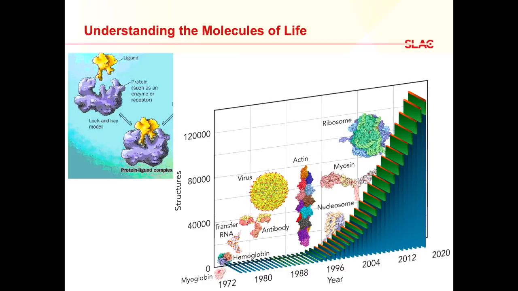Examples here that are well known by mostly everybody: a virus. Everybody knows that viruses can be bad for you, but our body reacts by creating antibodies to counteract the actions of viruses. Other molecules shown here are actin and myosin, molecules in your muscles that perform actions that contract and expand your muscles and allow you to move.